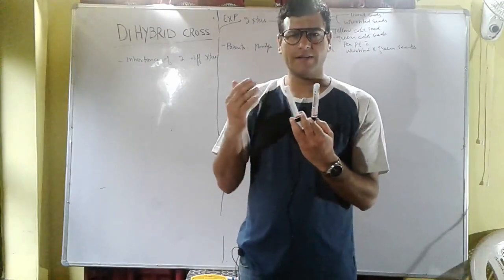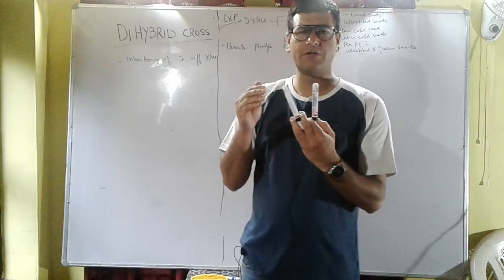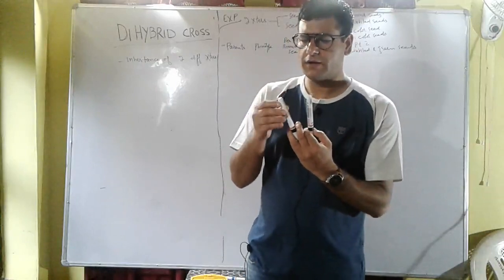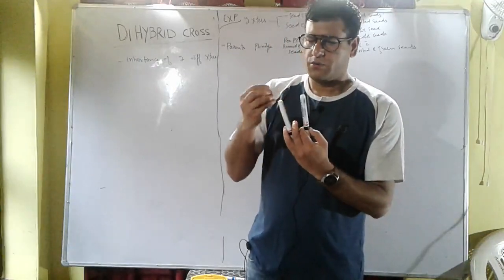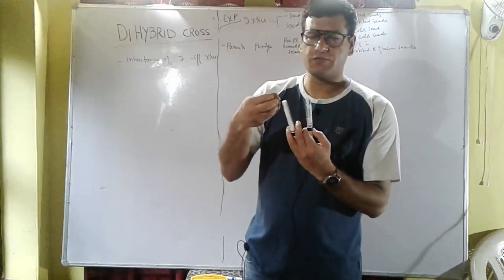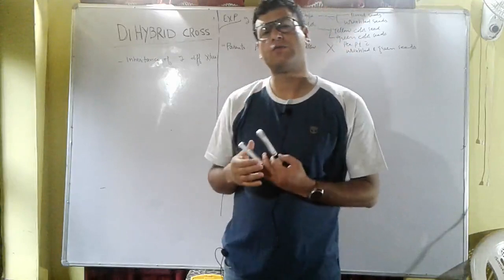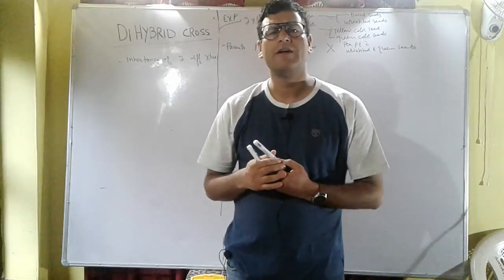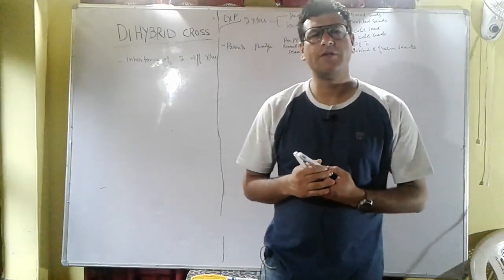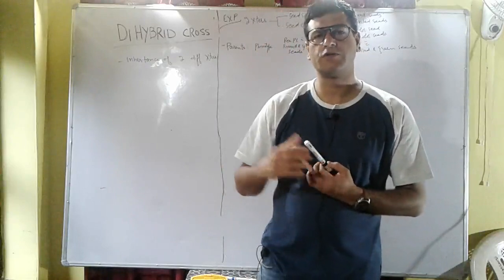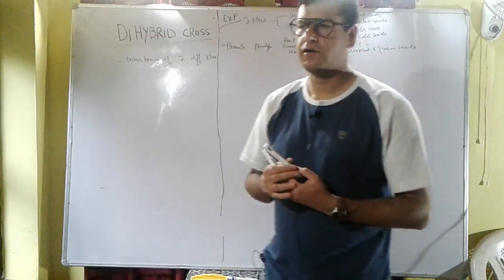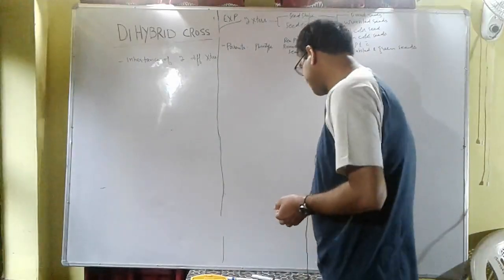Cross means a sort of mating, where in case of plants we take the pollen grains from this plant and drop them on this plant. That is what is called a cross. Cross is a deliberate hybridization between two genetically different individuals so as to get the F1 hybrid, the F1 offspring.